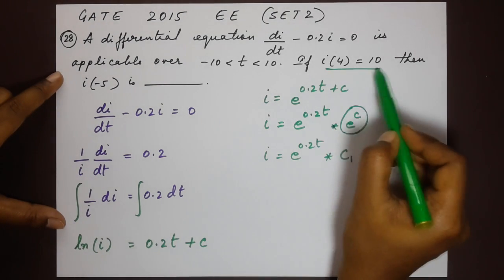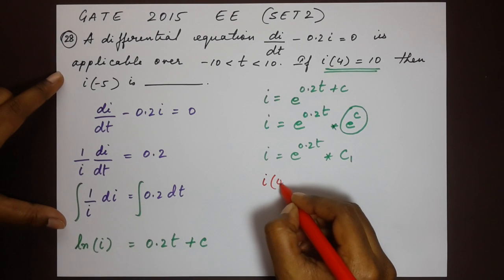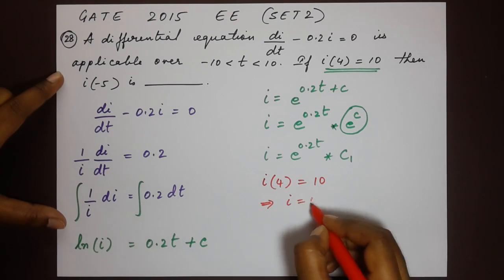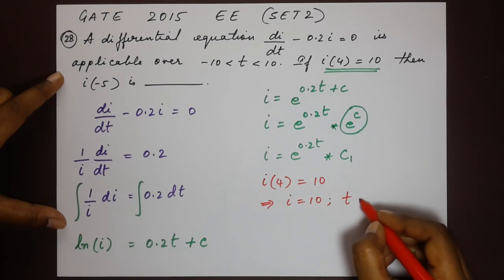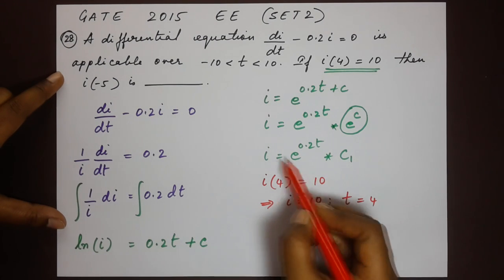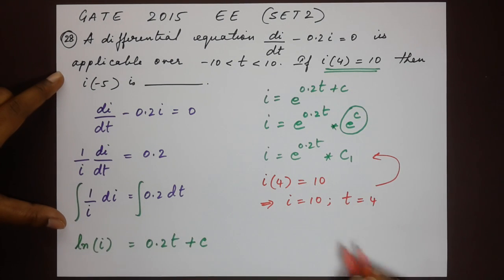Now let's take the initial condition given, i(4) is equal to 10. That indicates that i equals 10 while t equals 4. So let's substitute the two values, t equals 4 and i equals 10, into this equation to find out what c1 is.